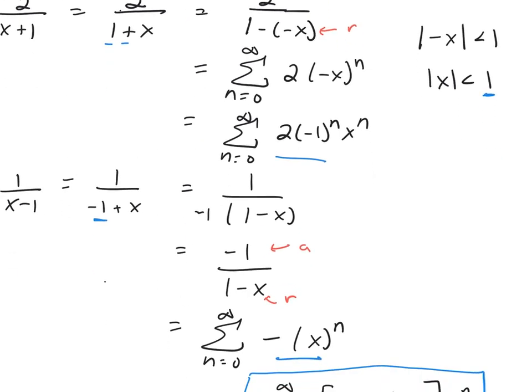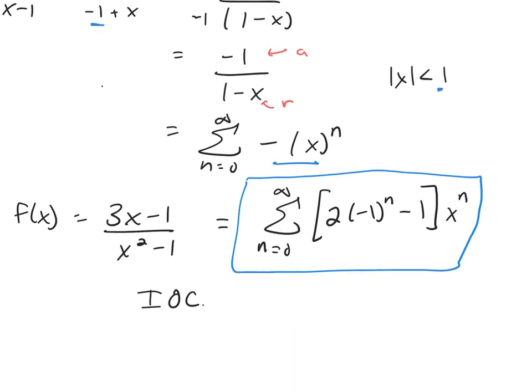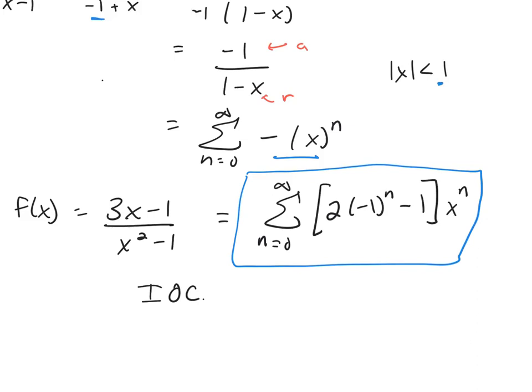If I look back here, my r was x. So they both have the same radius of convergence. I'm getting the absolute value of x is less than 1, which means my interval of convergence would be negative 1 to 1.